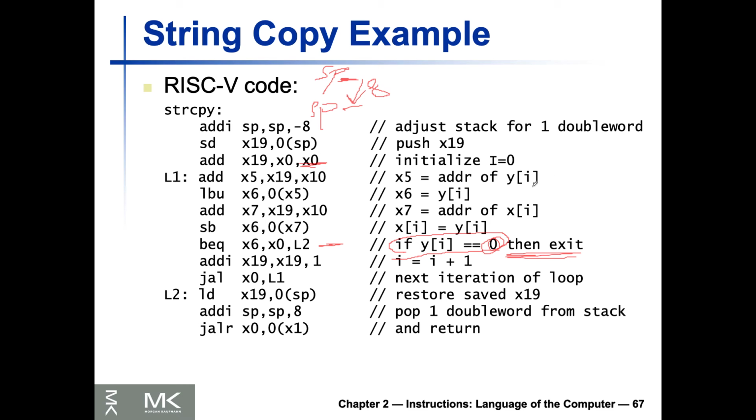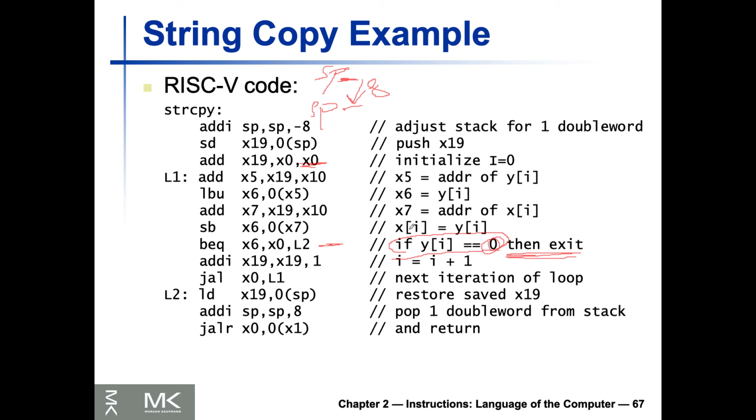You get the address of y[i], stored in x5, and then in x7 you're going to add the address, so the address of x[i] would be stored there.